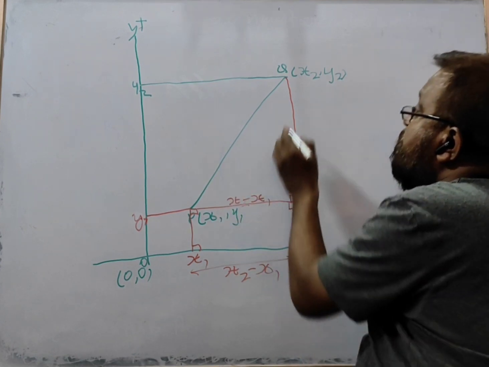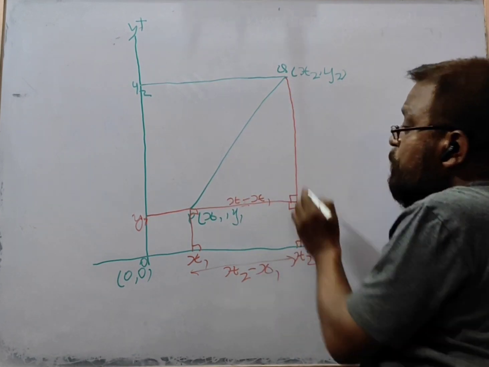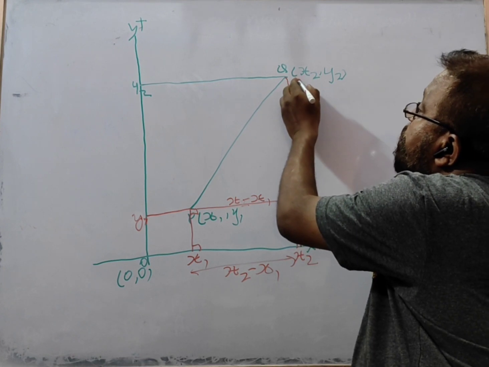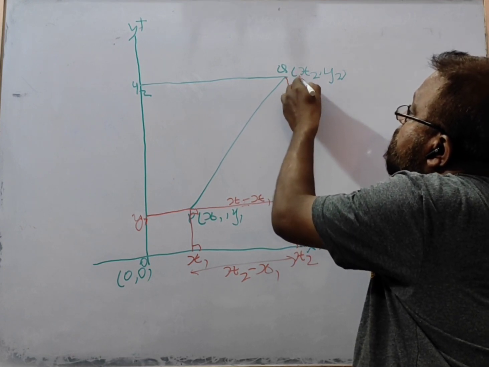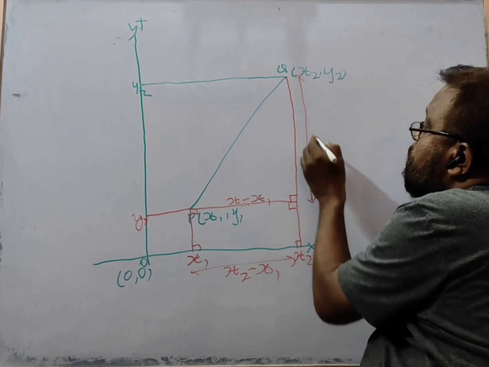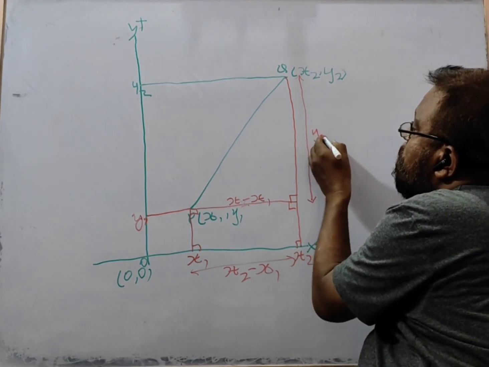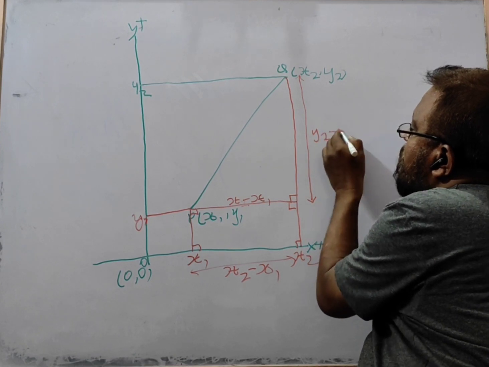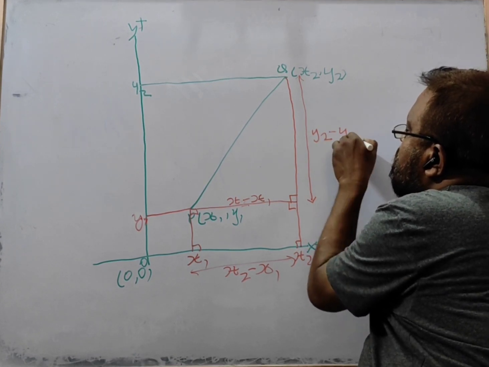This is y2, this is y1. So the difference between these two is y2 minus y1, right?